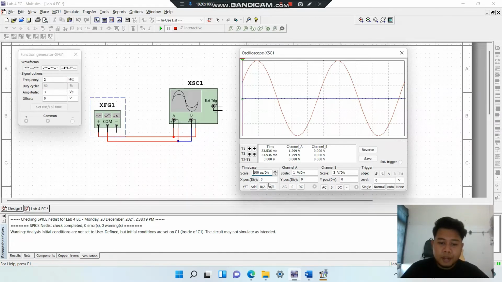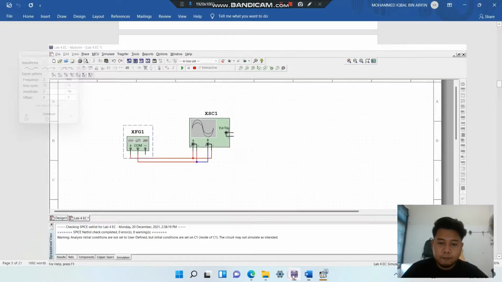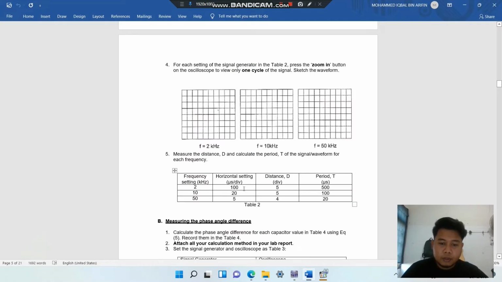So 100, as you can see here, 100 is our horizontal setting, and the distance is 5 divisions. So the period is 100 multiplied by 5, which becomes 500 microsecond.